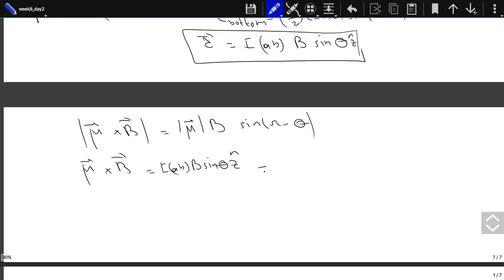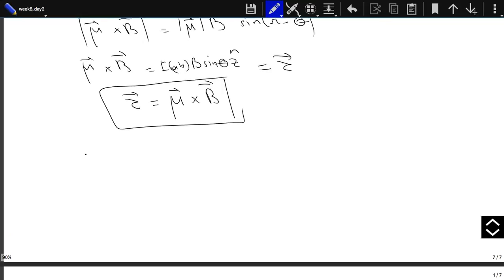But this is nothing but my torque vector. So if I define this mu, then I can write the torque vector as mu cross B. Mu is called the magnetic dipole moment.